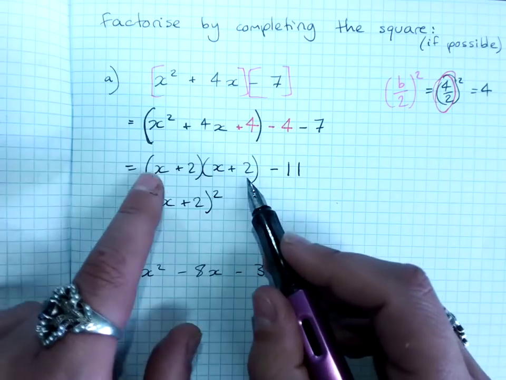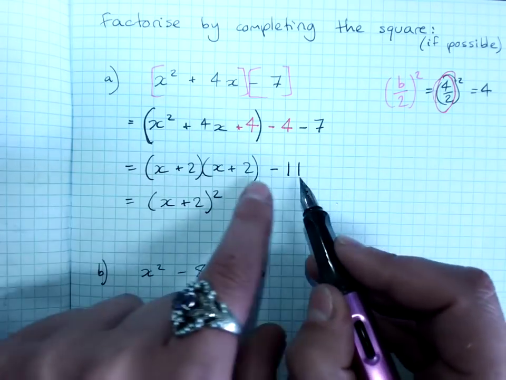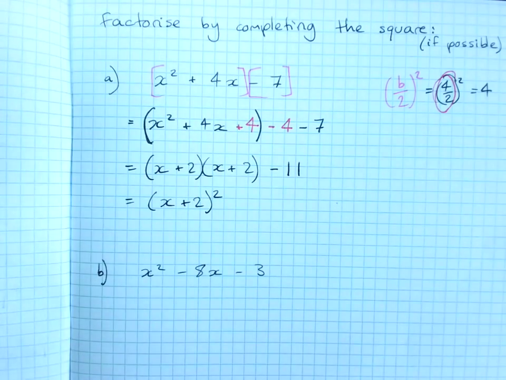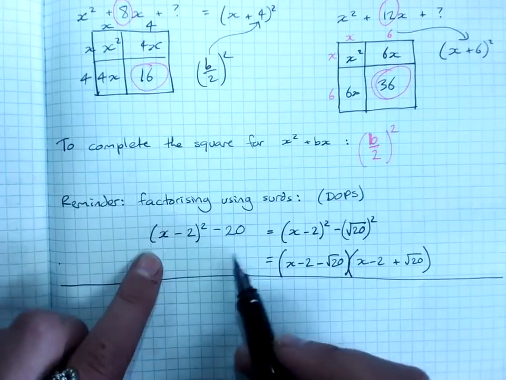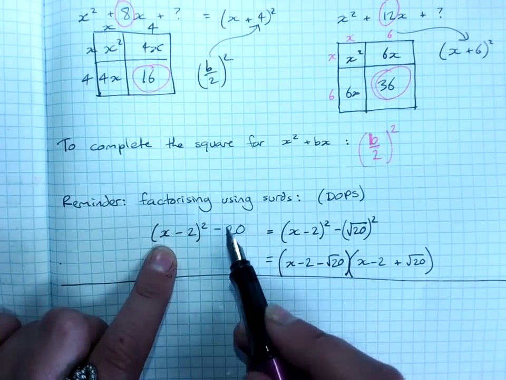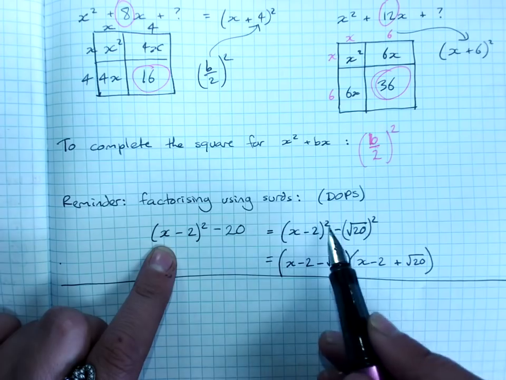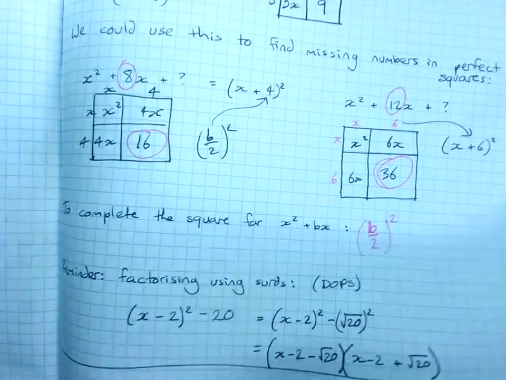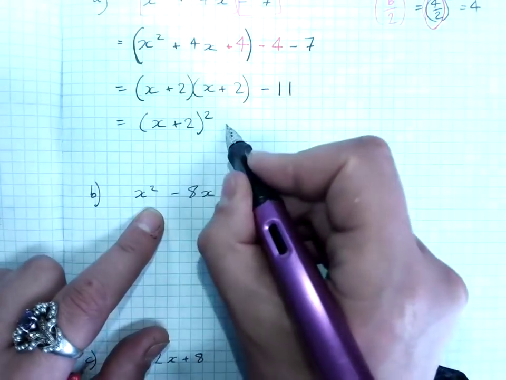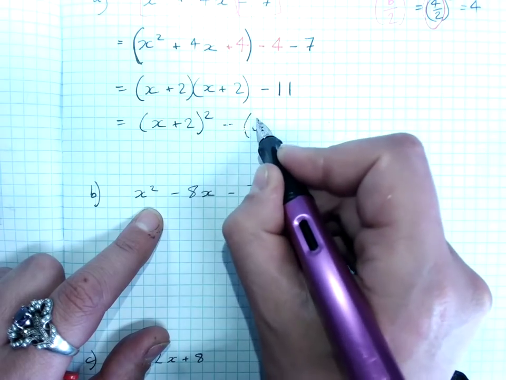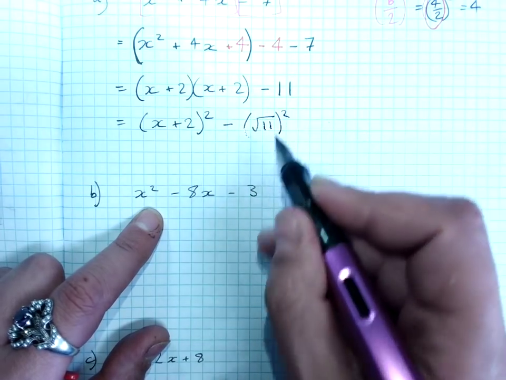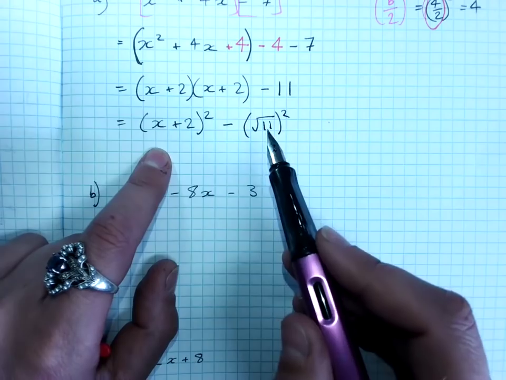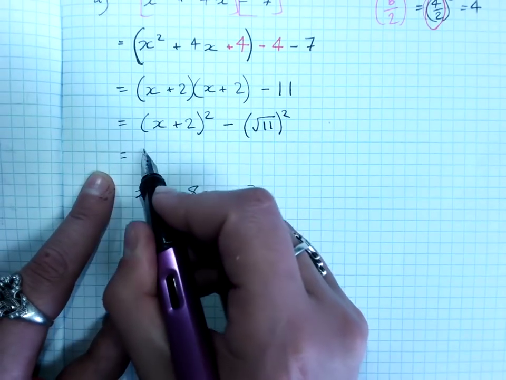And now I've got a difference of perfect squares because I can use the strategy that we just revised here, by making that negative 11 the square root of 11 squared. I'm going to write this as minus the square root of 11 squared, and that's a difference of perfect squares.